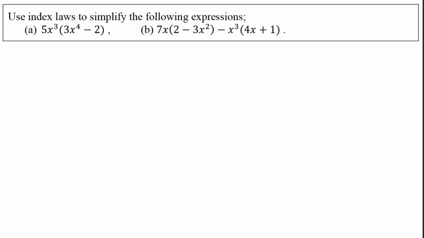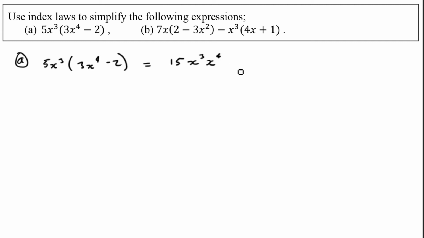We may have to do some expanding of brackets in some cases. In part A, we have to simplify 5x cubed times (3x to the 4 subtract 2). So expanding the brackets, 5x cubed times 3 times x to the 4, or 5 times 3 is 15, and we have x to the 3 multiplied by x to the 4.